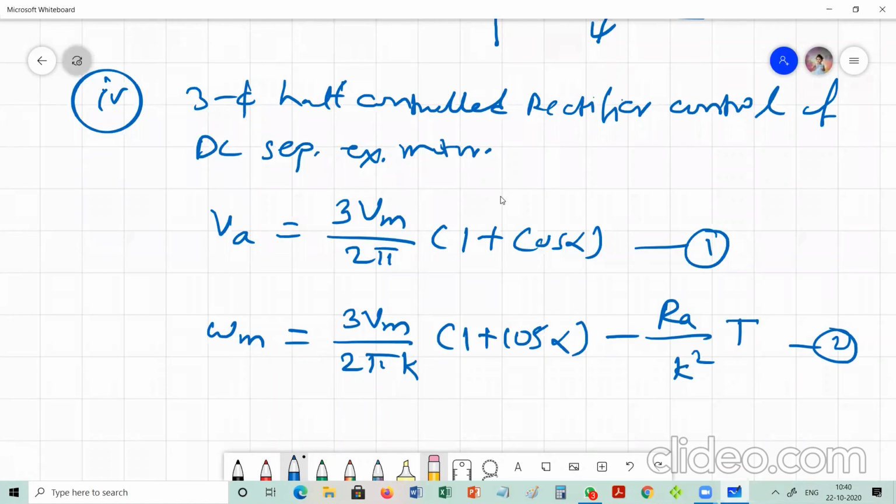Again, we only consider that it is operating in continuous mode of conduction. So this is the theory about rectifier controlled drives. We will now see the problem on the single phase half controlled drive.